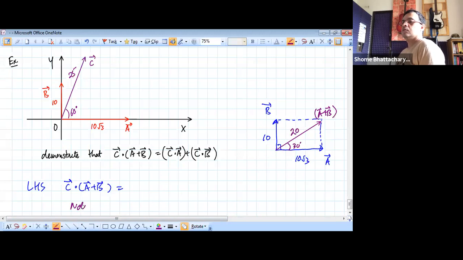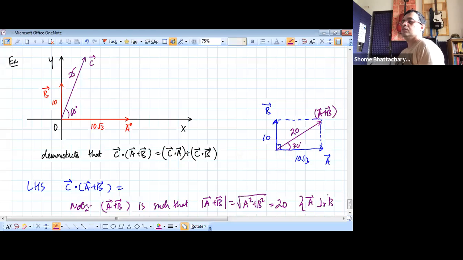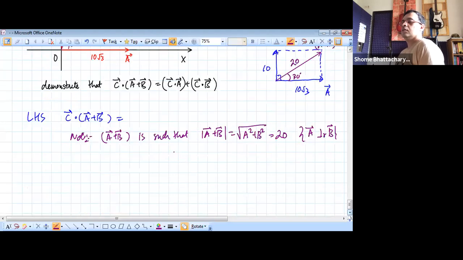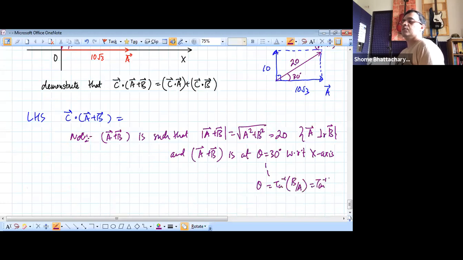Okay. So here A plus B is such that its magnitude is going to be root of A square plus B square, which is 20, because A is perpendicular to B, and A plus B is at theta equal to 30 degrees with respect to the x-axis, because this theta will be tan inverse of B by A. In the diagram you can see it as tan inverse of 1 by root 3, so that is 30 degrees.